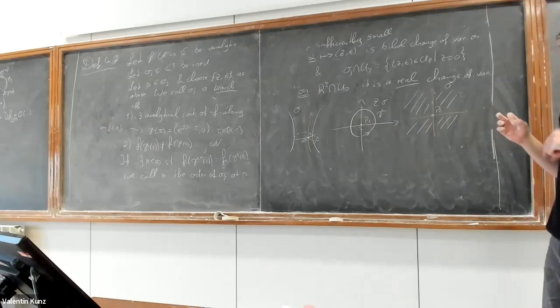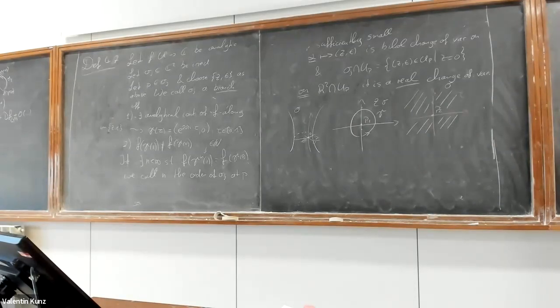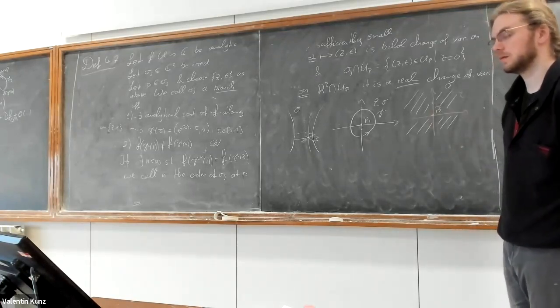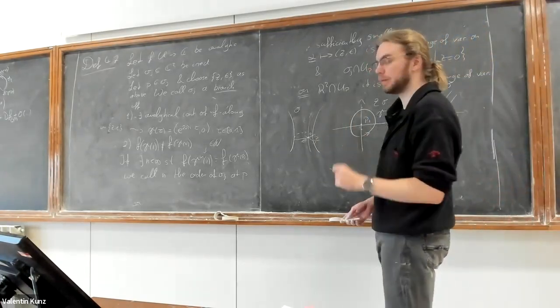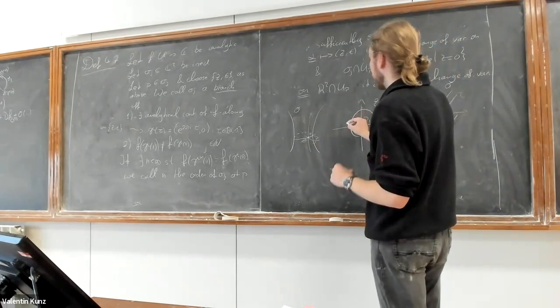So this is what I tried to say, in a bad way. It's a branch point. F is defined along gamma because it's analytic in U. Right, but f of gamma of 1 is different from f of gamma of 0. But just a second, gamma is contained in U, and f is analytic in U. No, sorry.